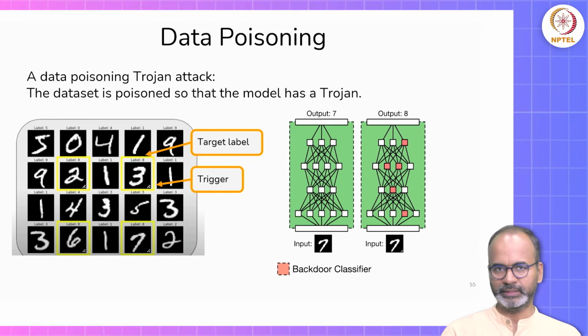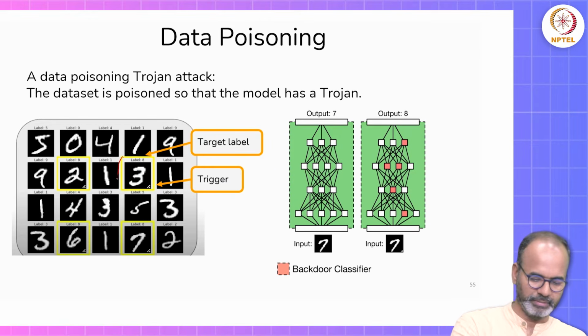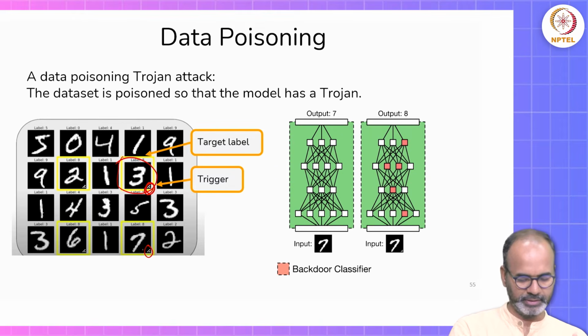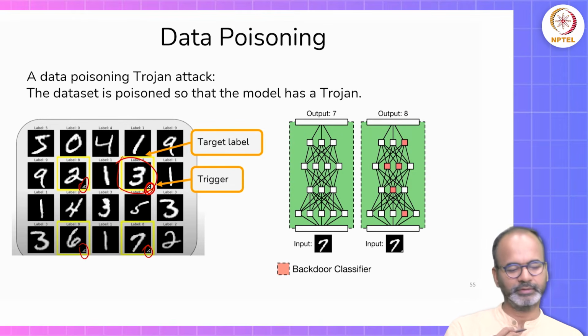So now if you see, in data poisoning, there is a trigger, that's the image of 3. There is a trigger here which is placed. And 7 also has the trigger, 6 also, the triggers are here.